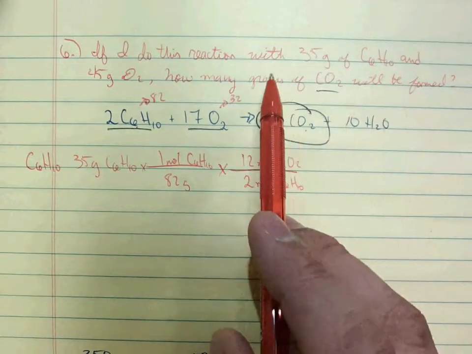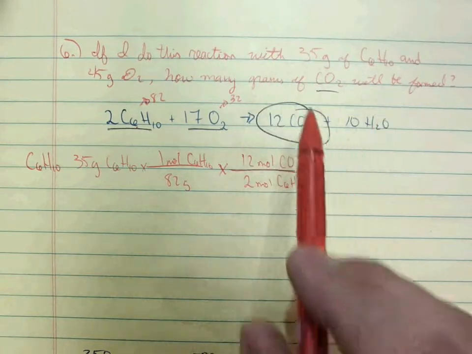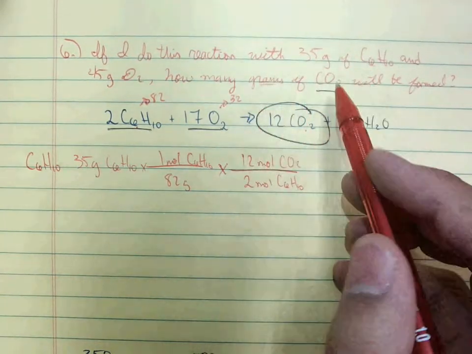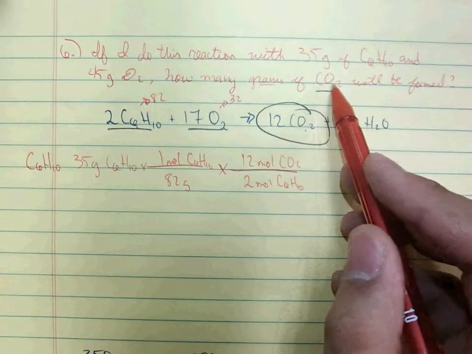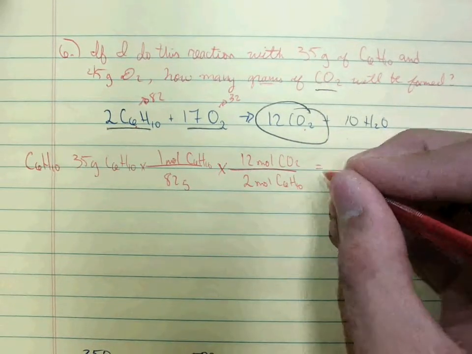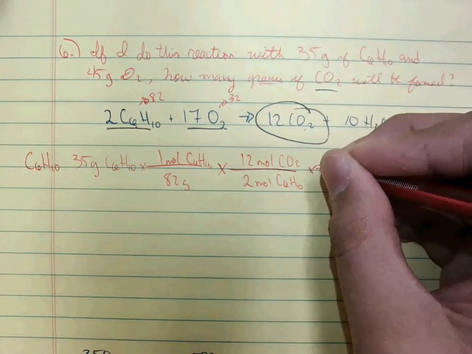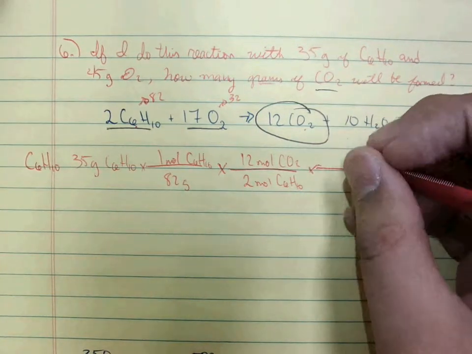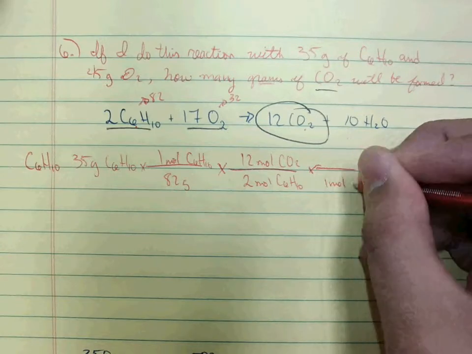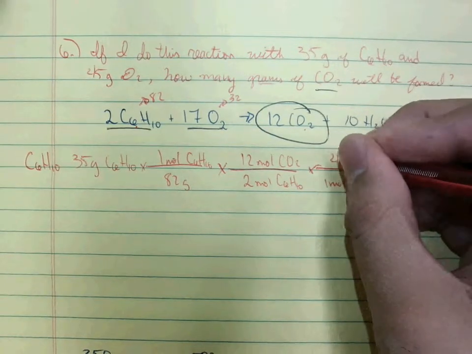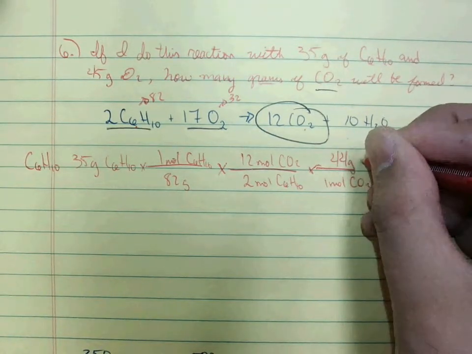The problem also wants me to do this in grams. Because it wants me to do it in grams, I should probably know the mass of CO2. So 32 plus 12, that is 44. So I'm going to convert this to 44. For every 1 mole of CO2, I have 44 grams of CO2.